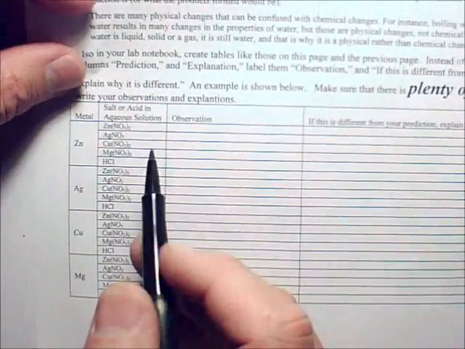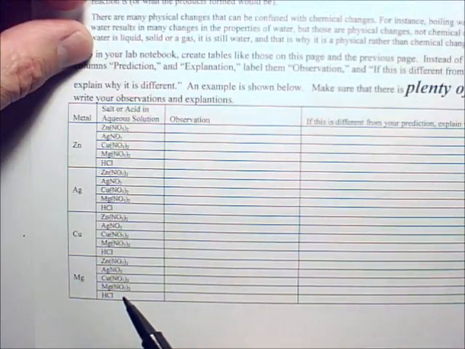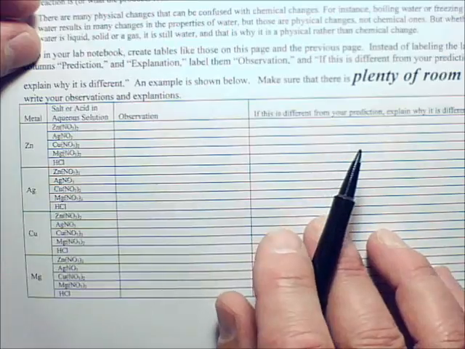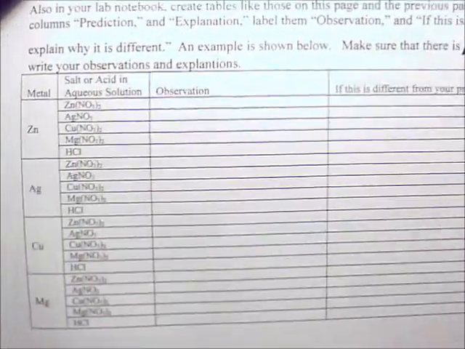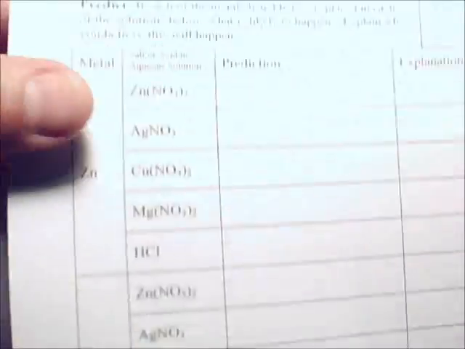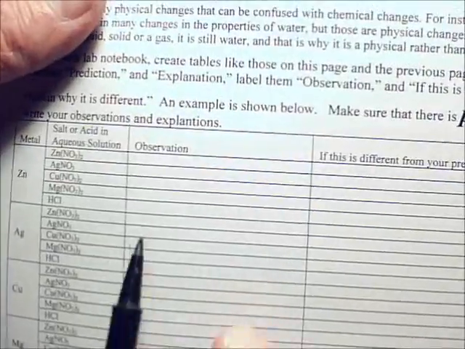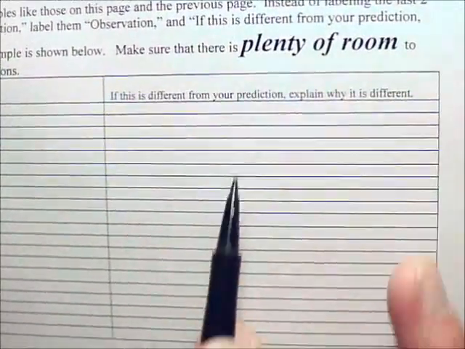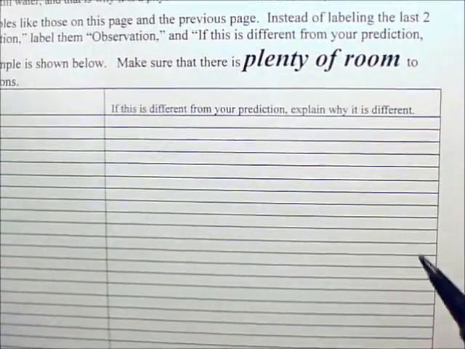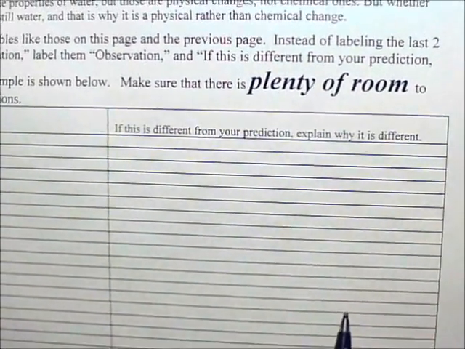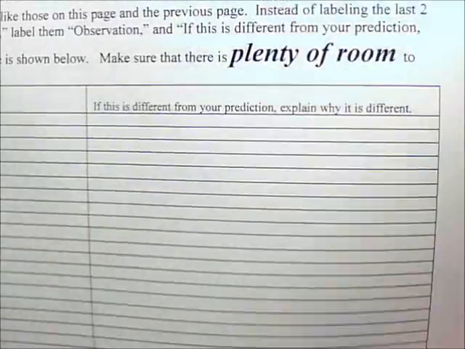What you're going to do in your lab notebook is prepare a similar chart to put your results from the lab. Instead of a prediction and explanation column, you're going to have an observation and an explanation column. And this explanation is if what you actually saw was different from your prediction, that's what you want to write down here.